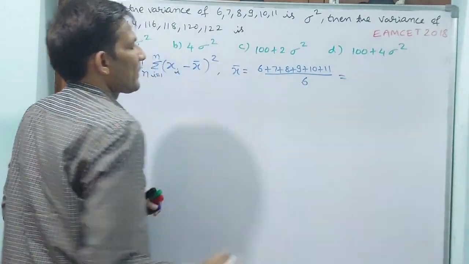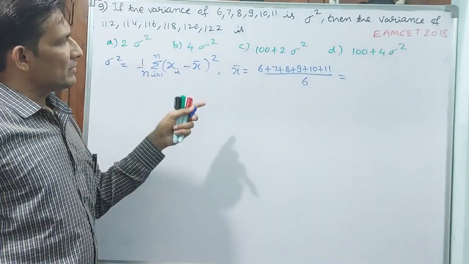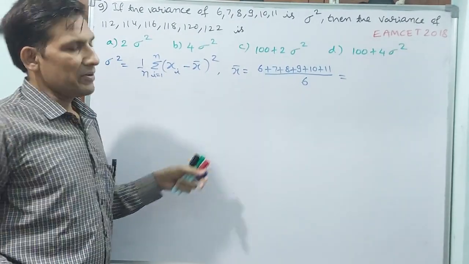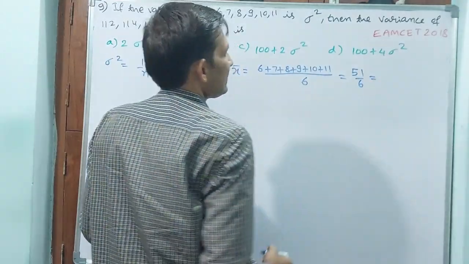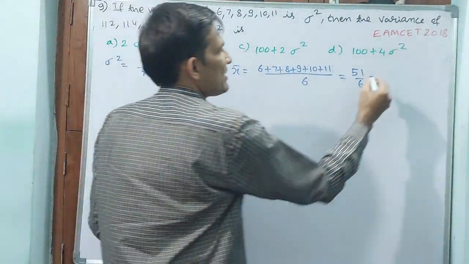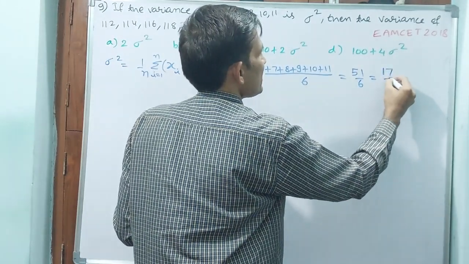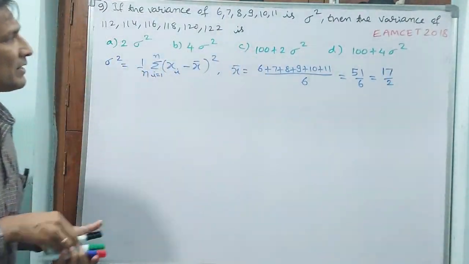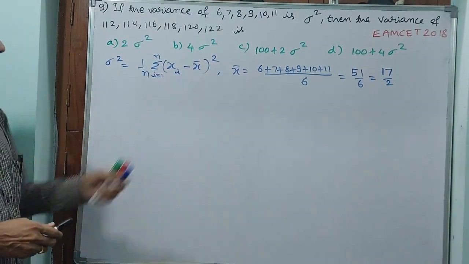Sum is 51, 51 by 6. Or else 3 17s, 3 2s, 17 by 2. 17 by 2 will be your mean, because this mean you require here.